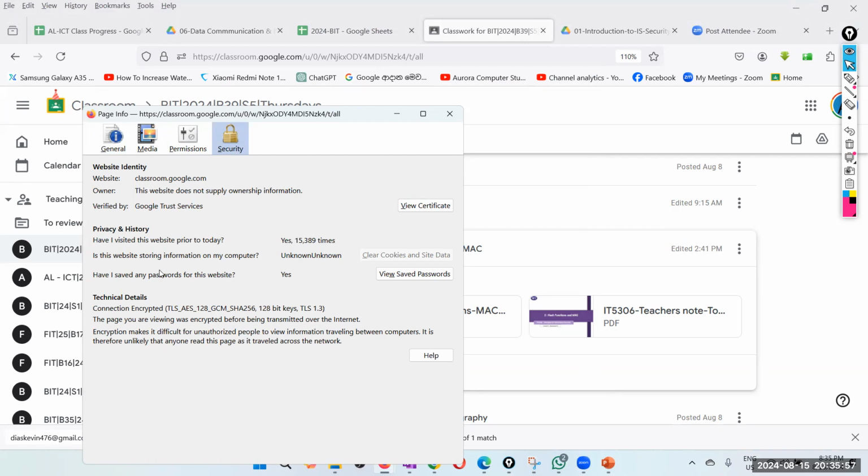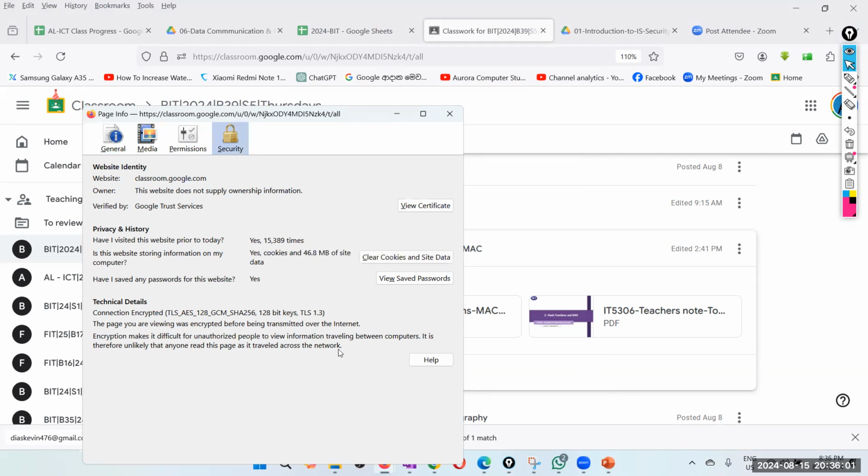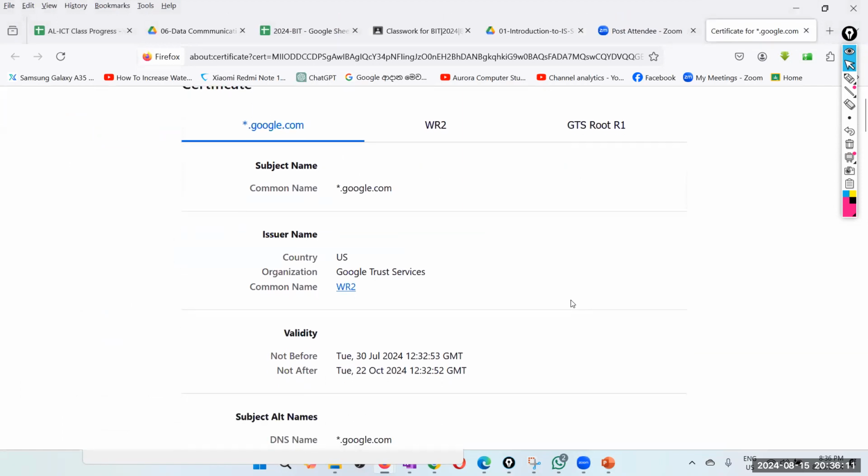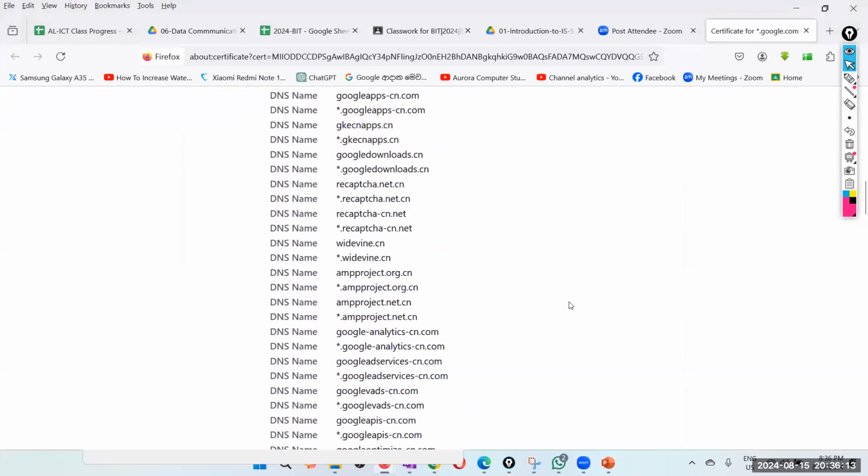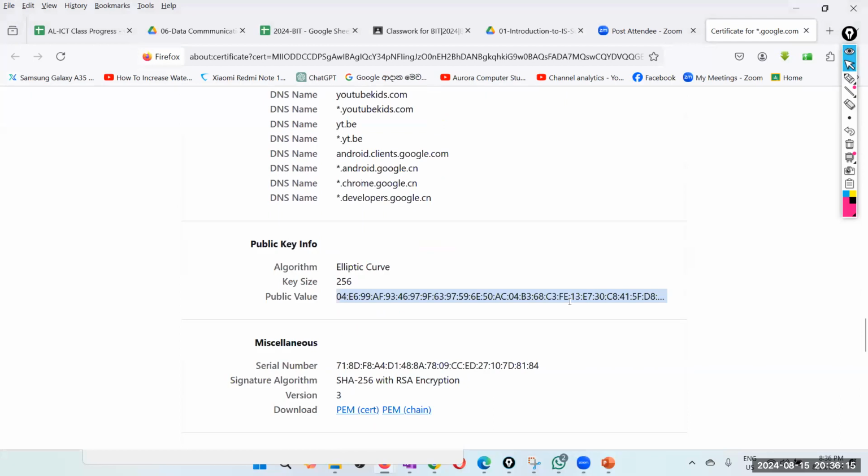Let me double check. Is it using SHA? Yes, you can see the signature algorithm: SHA 256 with RSA encryption. So these are the practical uses.